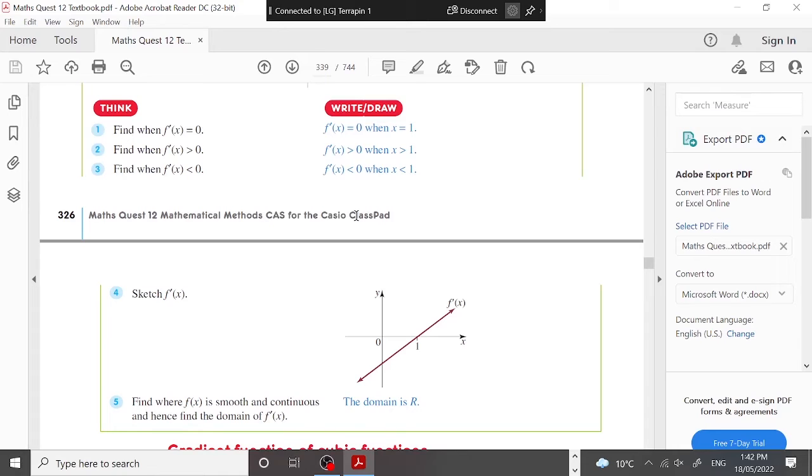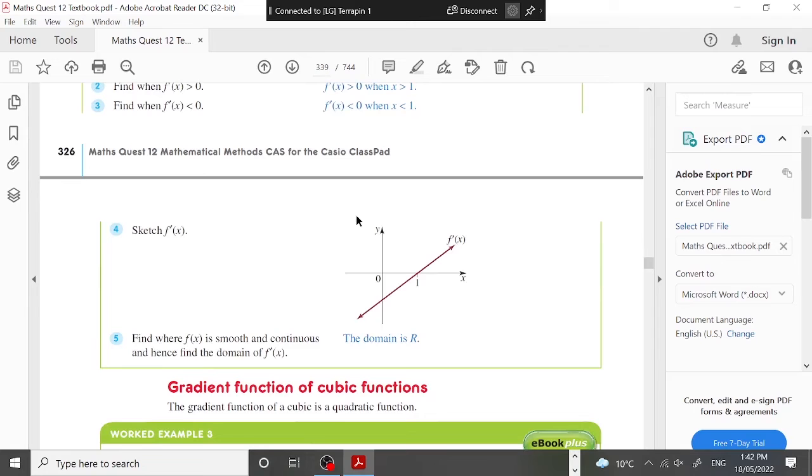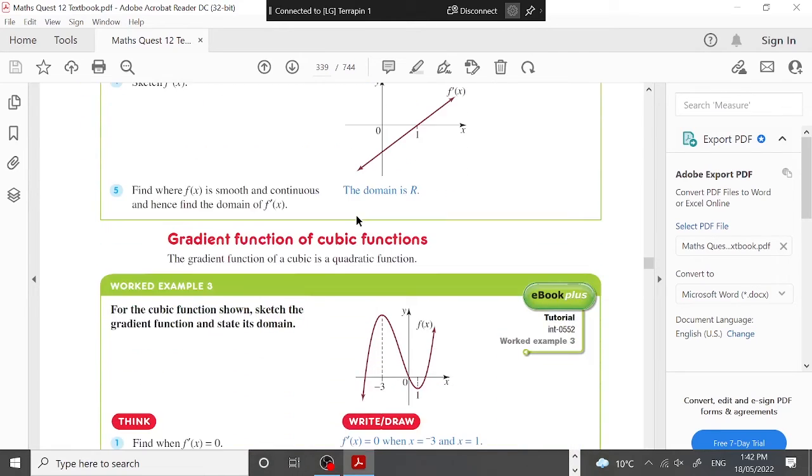So if we remember, the gradient function or derivative of a linear curve will be a horizontal line. For a quadratic, it will be just a linear graph, which could have a positive or negative slope, depending on whether it's a right way up parabola or an upside down one.